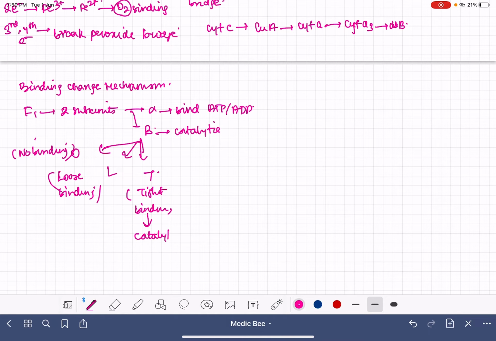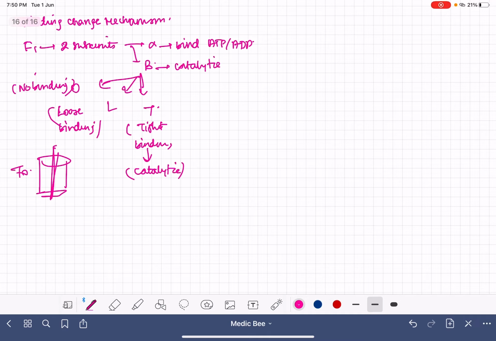There is an analogy given for when protons are pumped through the F0 particle. Like a water-driven hammer, this flow creates energy that can be used to produce ATP. There is a sequence of events happening here. In the O state, there is no binding.